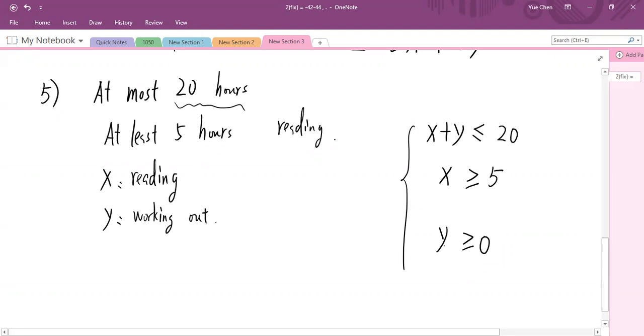So you just have this one, not like the other ones we have done in our class, where we have X greater than or equal to 0 and Y greater than or equal to 0. But here X is already greater than or equal to 5, so it's automatically greater than or equal to 0, okay? So this will be the system of inequalities. So this is called the restriction constraints, right? For the linear programming problems. So this is number 5.